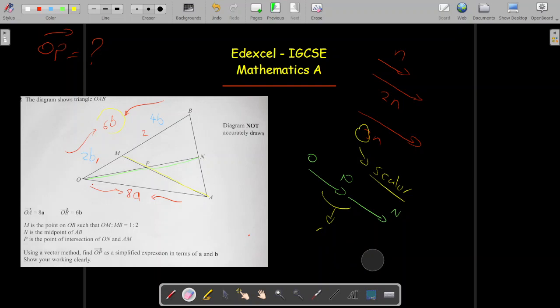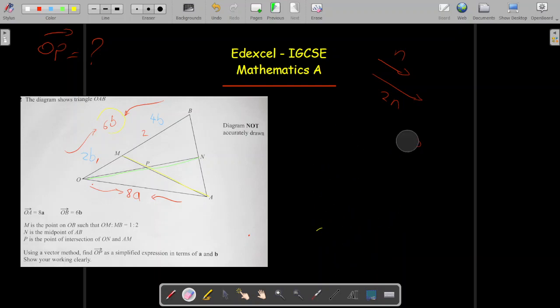Now let's get to work with this question. The first thing you need to understand is that you have to express OP in certain ways. When I look at this triangle, I can describe two things that have the OP shape. First of all, I can describe OP as part of the big line here.